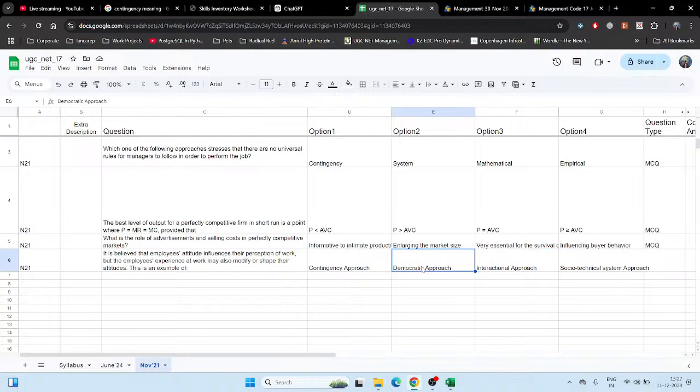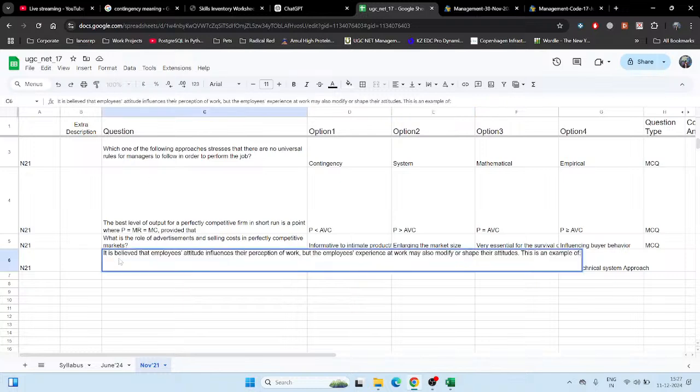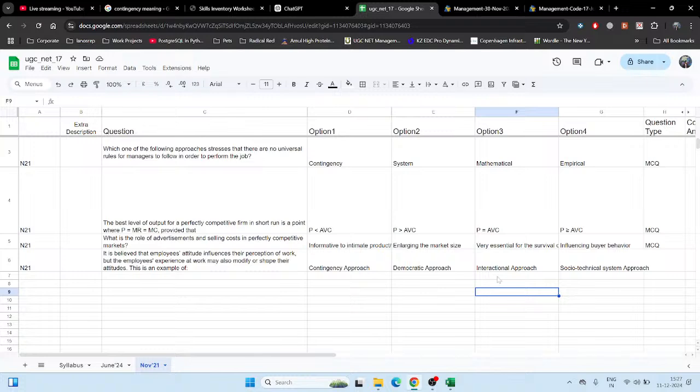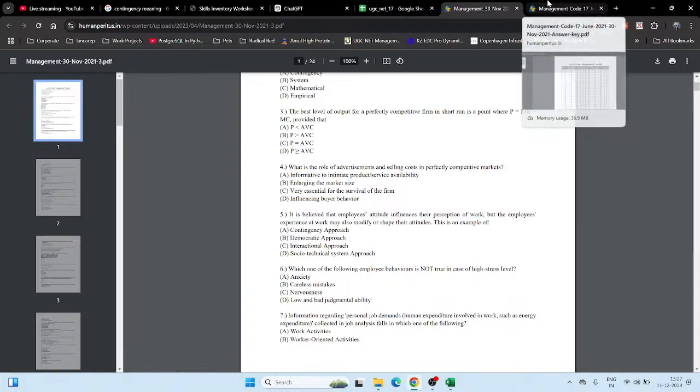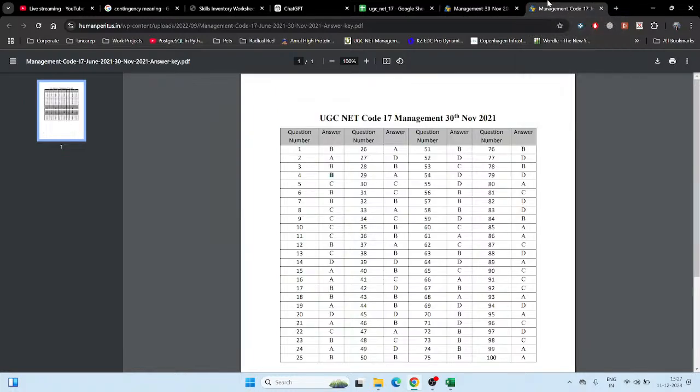Because then the employee's experience at work will be good. It won't modify or shape their attitude. Let's see. I believe it is C. Fifth.